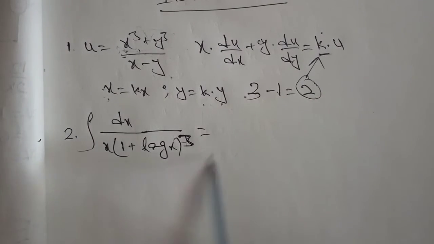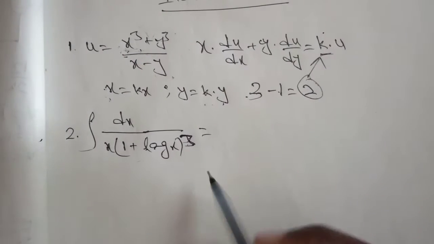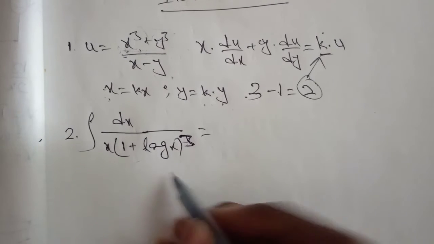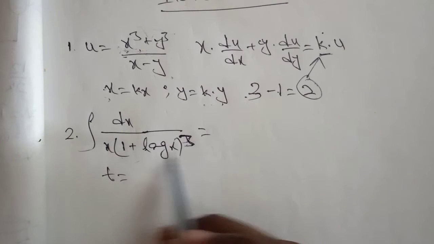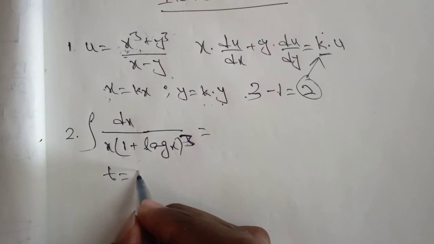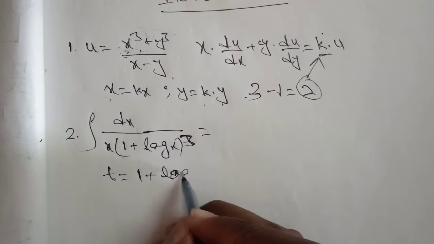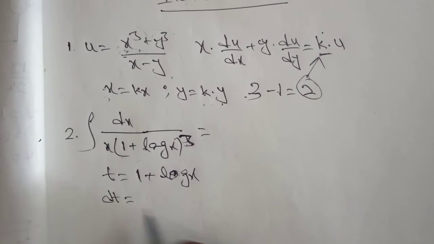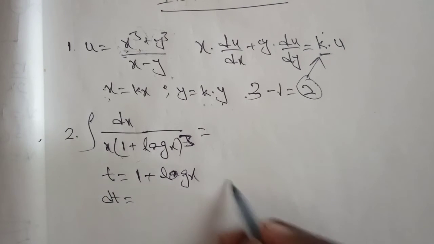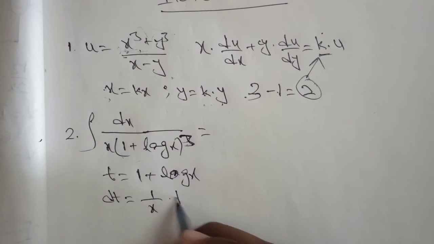In this problem he has to find the solution for this integration. As we do by the conventional method, we write t equals to the term in the brackets, so t becomes 1 plus log x. As we differentiate, dt becomes, differentiation of 1 is 0 and log x differentiation becomes 1 by x into dx.